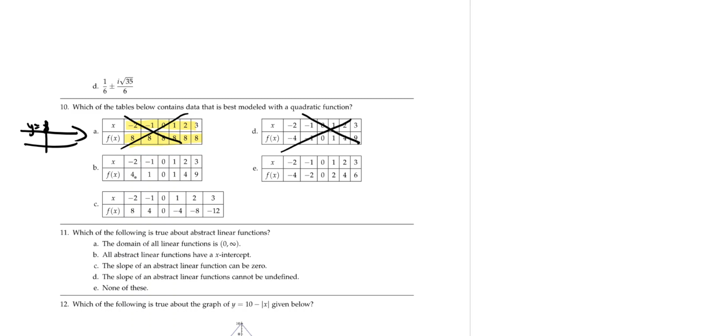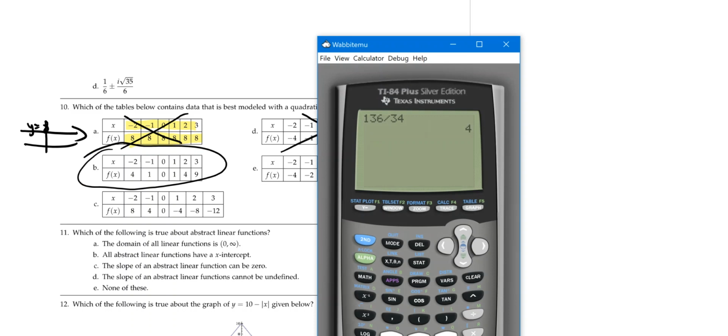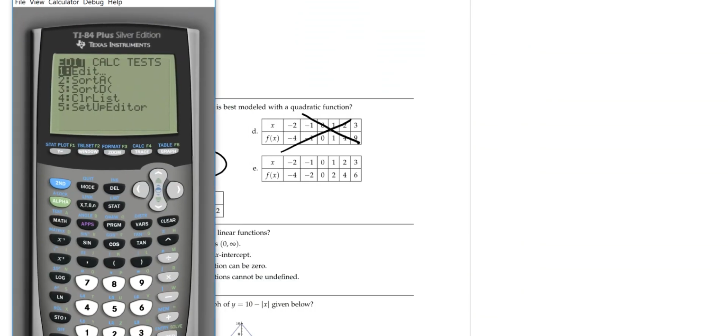This one, -2 squared is 4, -1 squared, so this one is quadratic. Or if you want, you can put these in your calculator if you have time. You go to Stat, Edit, and then you put in the x's in list 1 and the y's in list 2, and then you plot it to see the shape.